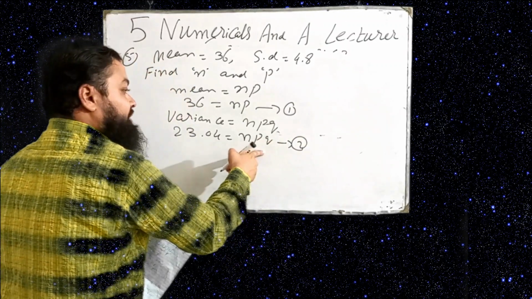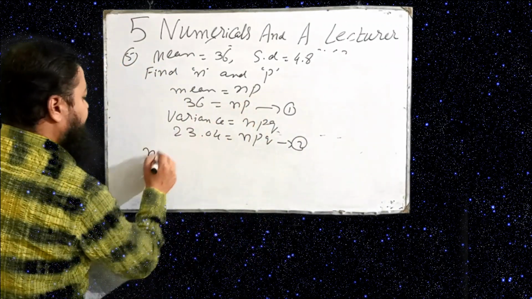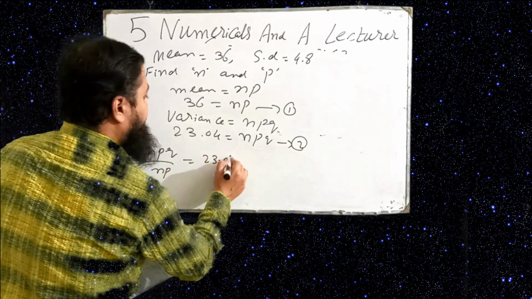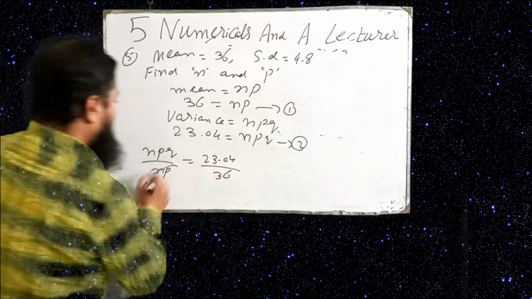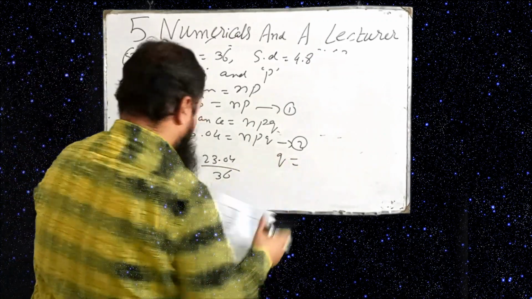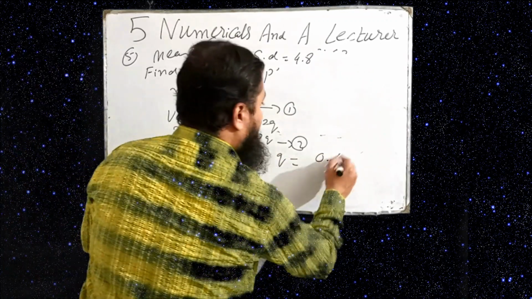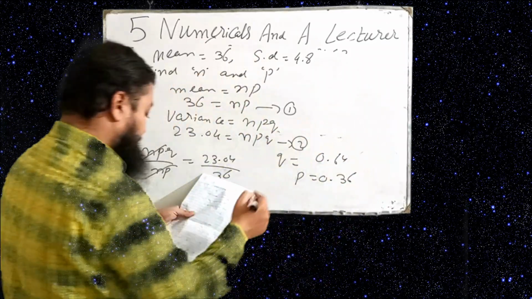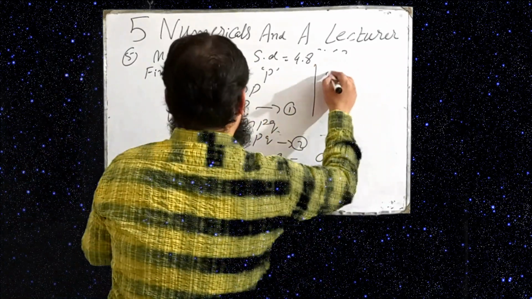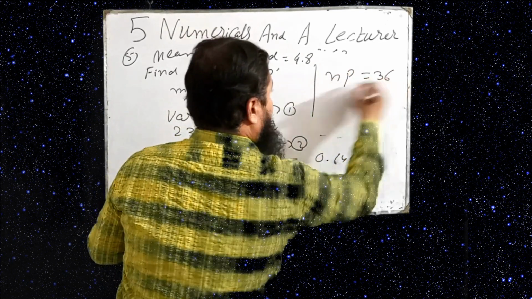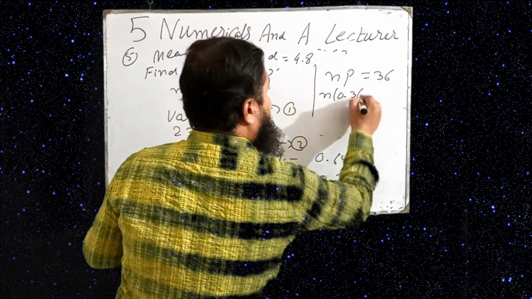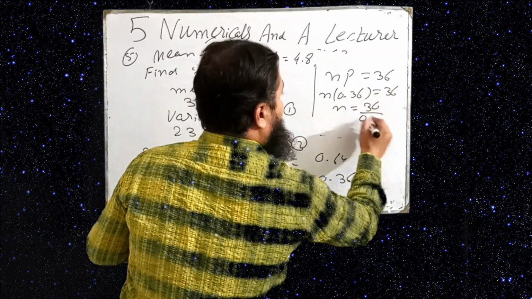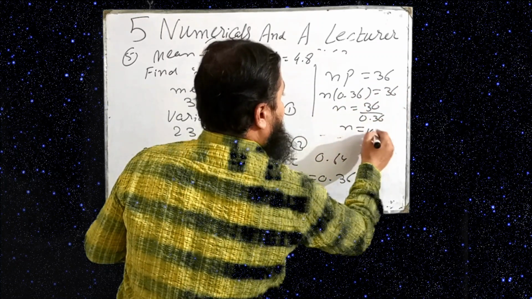If I divide equation number 2 by equation number 1, npq over np is equal to 23.04 over 36. These will be cancelled. q is equal to 0.64 and p will be 0.36, and if you substitute the values in equation number 1, which is np equal to 36, n into 0.36 is equal to 36, that will be divided over there, 36 over 0.36, it means n is 100.